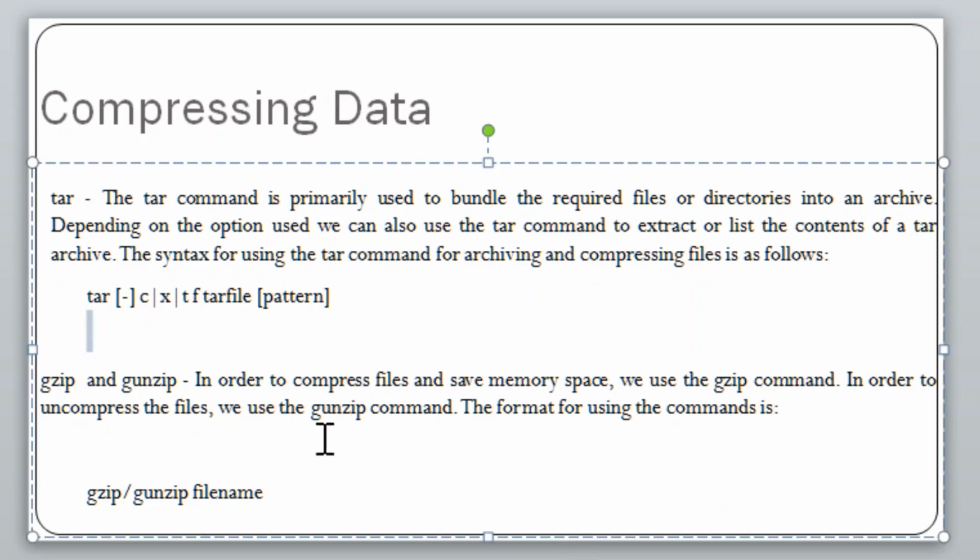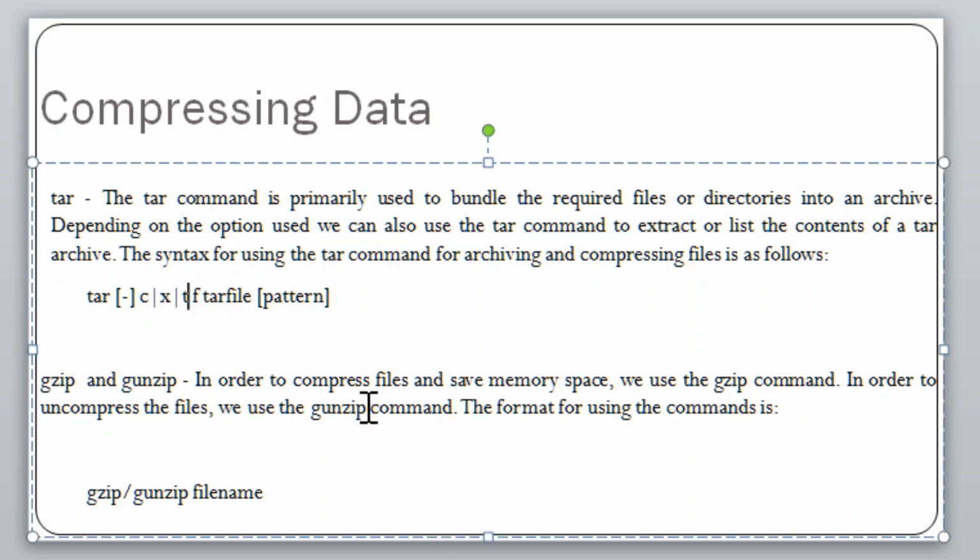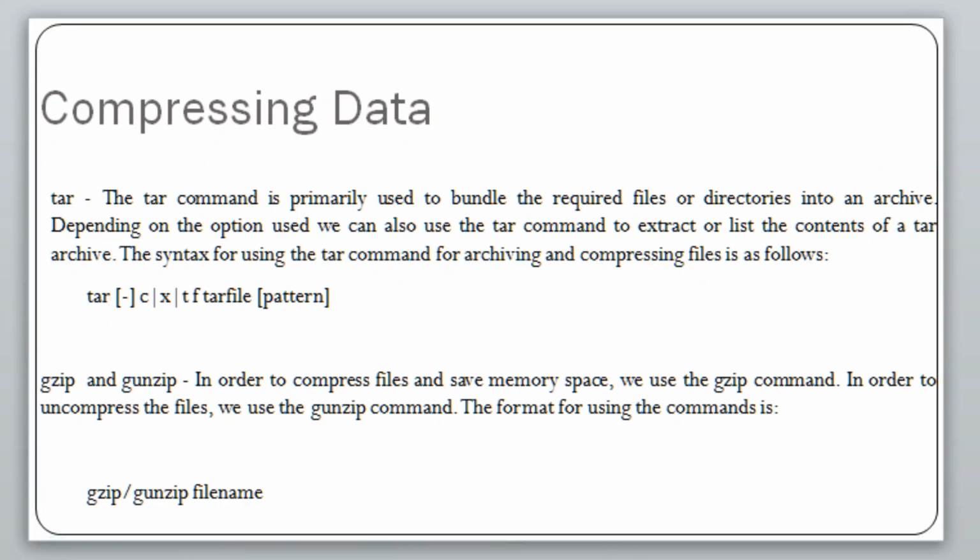F, which we do have listed here, is file name, so it's going to let you name that tar file name. And we have T that's also listed here. This is viewing content of the archive file. And then we have Z, which is a way to filter archive through gzip. We have J, which is filter archive through bzip.